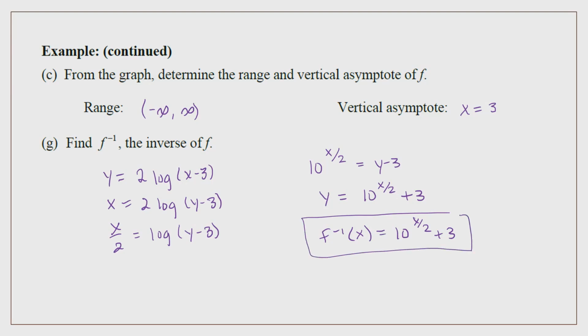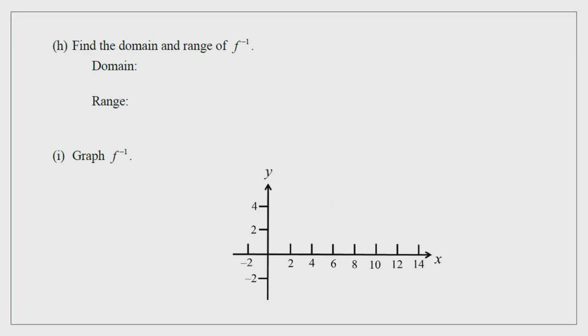Okay. So we can now state the domain and range of our inverse function. The domain of our inverse function is going to be the range of our original function, which is negative infinity to infinity. Our range is going to be the domain of our original function, which is 3 to infinity.